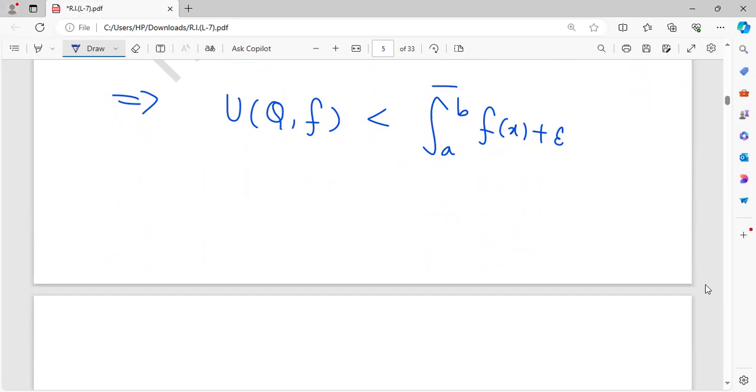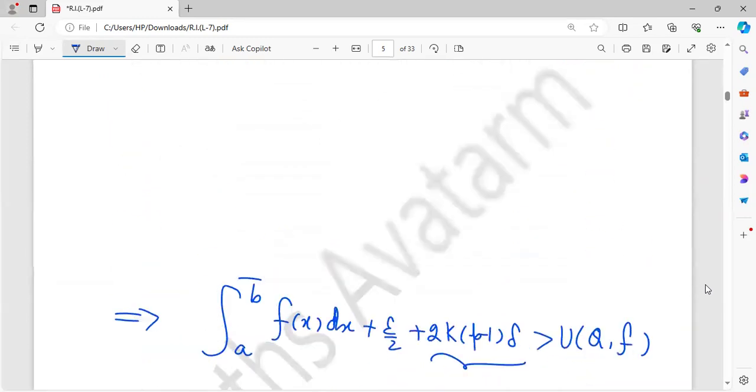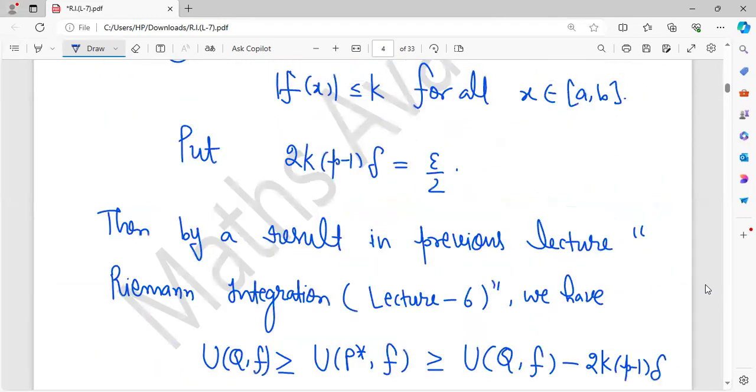But delta is greater than 0 because here k is greater than 0, p minus 1 is greater than 0, epsilon is greater than 0.